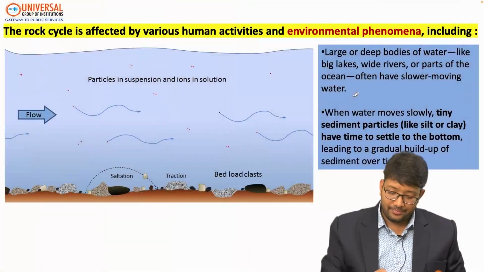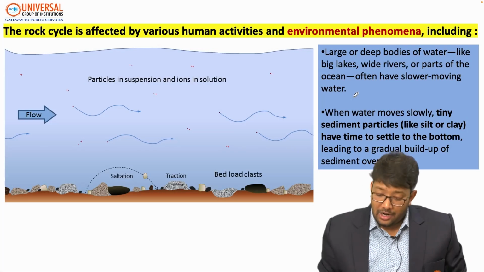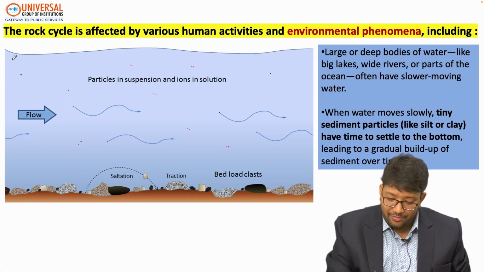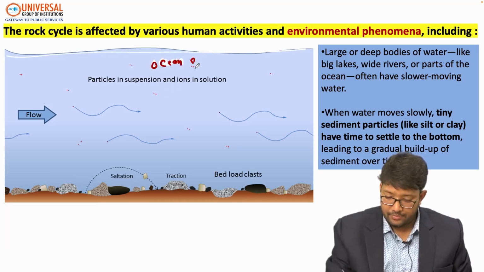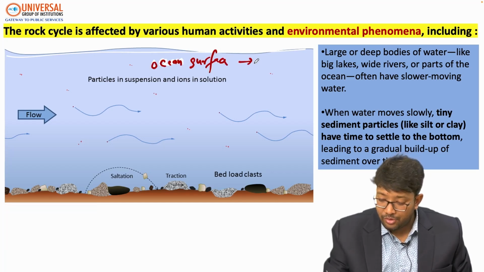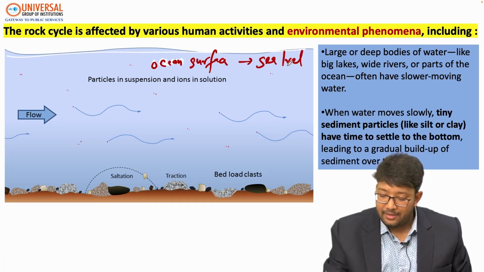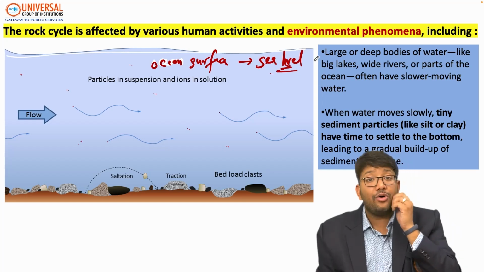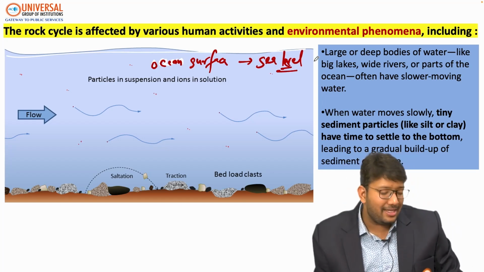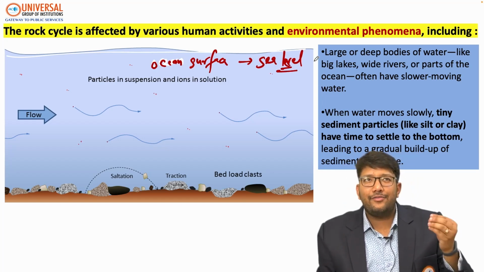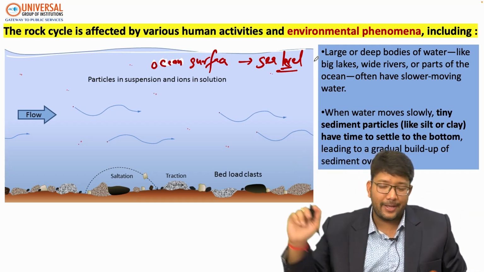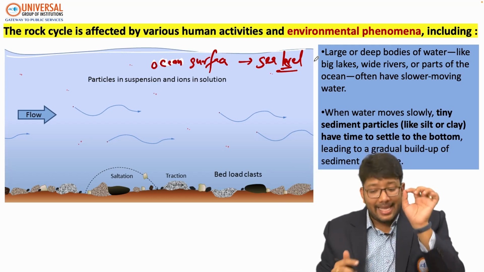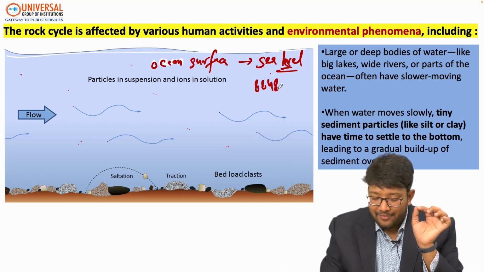Now the next example is large or deep water bodies. Like this is a water body, this is our ocean surface. Basically this is called sea level, remember that. An interesting thing about sea level is that we know Mount Everest is the highest peak in the world, at 8848 meters, or 8850 we can say.